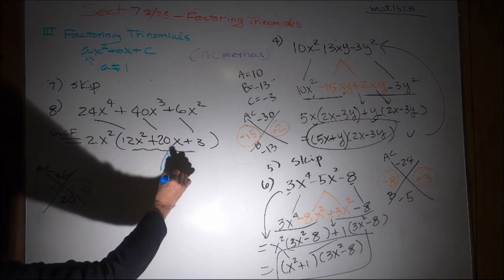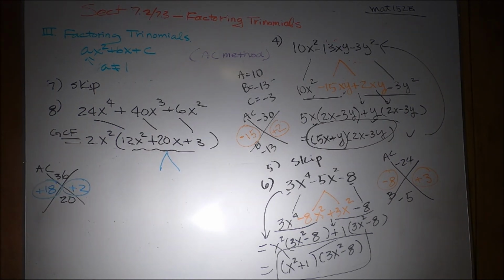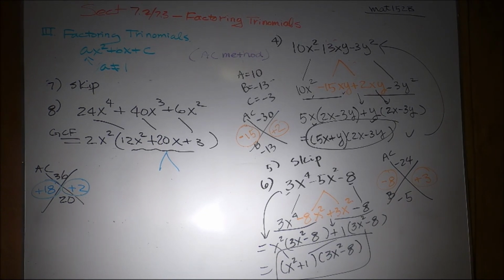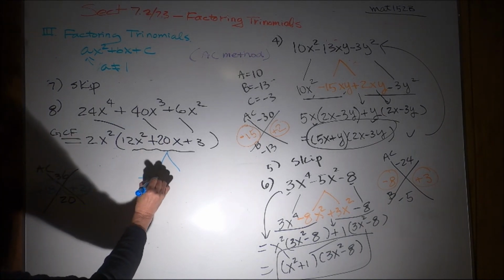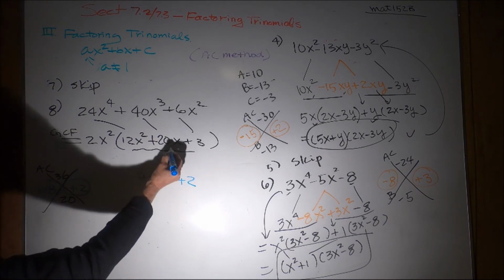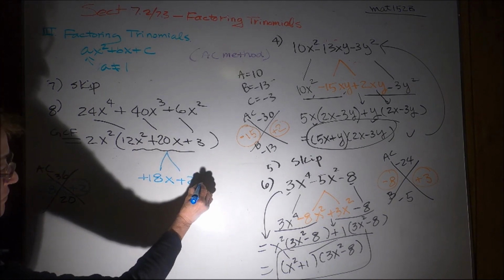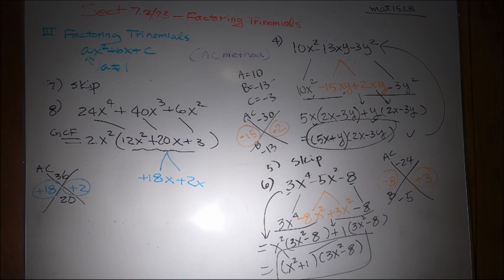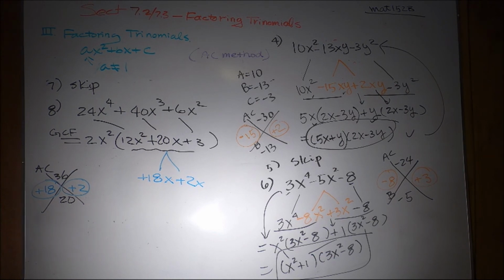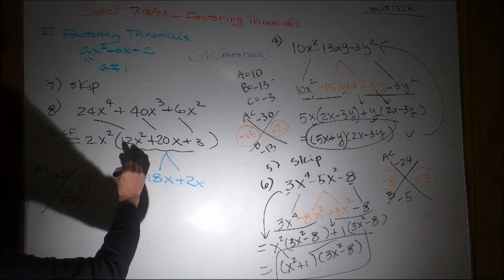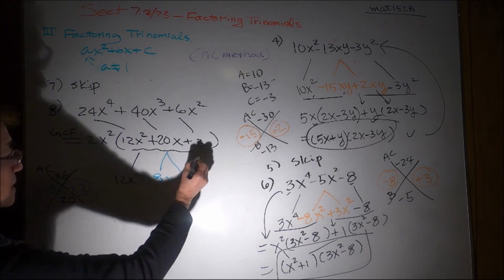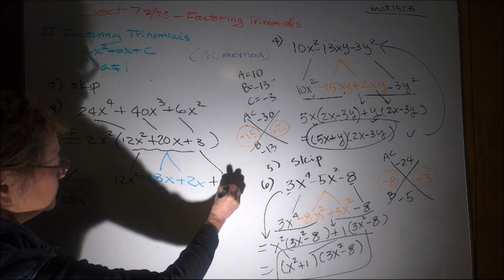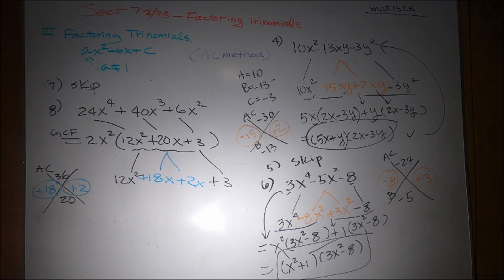So then what are we going to do? You split the middle part, 18 and 2. But the term is for x, right? Then you carry down the first term and the last term. Then what do we do?